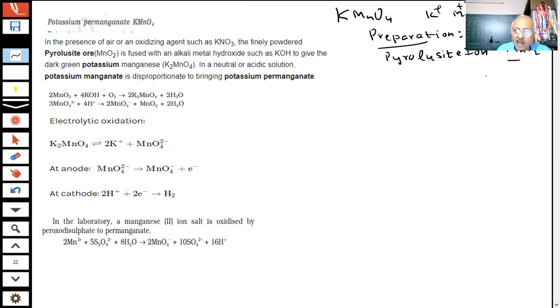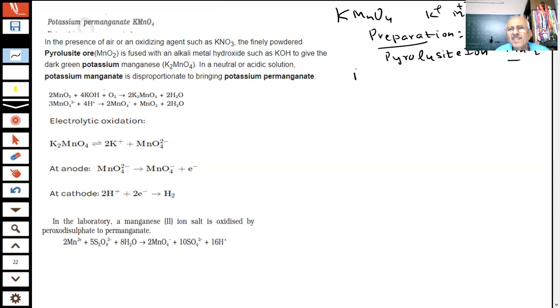What I did there was use an alkali and oxygen and fusion. Fusion means heating with alkali and oxygen, to fuse it. Here again I am doing fusion of this MnO2, pyrolusite ore. So again I am using potassium hydroxide as an alkali, and oxygen. MnO2 is fused with an alkali metal hydroxide such as KOH in the presence of oxygen, and it will give K2MnO4. This is the first reaction, my ore fusion.